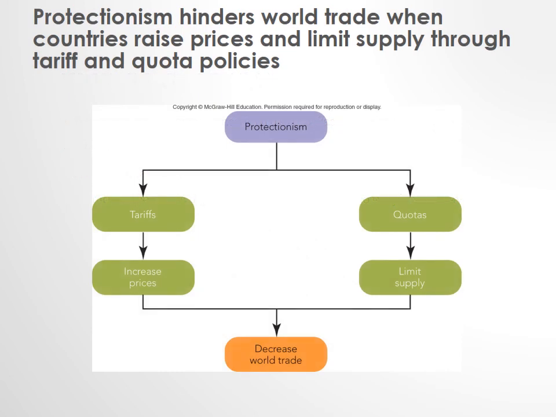Now, there are 2 aspects of protectionism that might hinder world trade. So when we talk about world trade, there are 2 things that countries might do to limit trade. One is to produce tariffs. We recently referred to them as border taxes and not tariffs, and I'm not really sure why we changed that wording. But a tariff is an additional charge we place on goods that are imported from a foreign country.